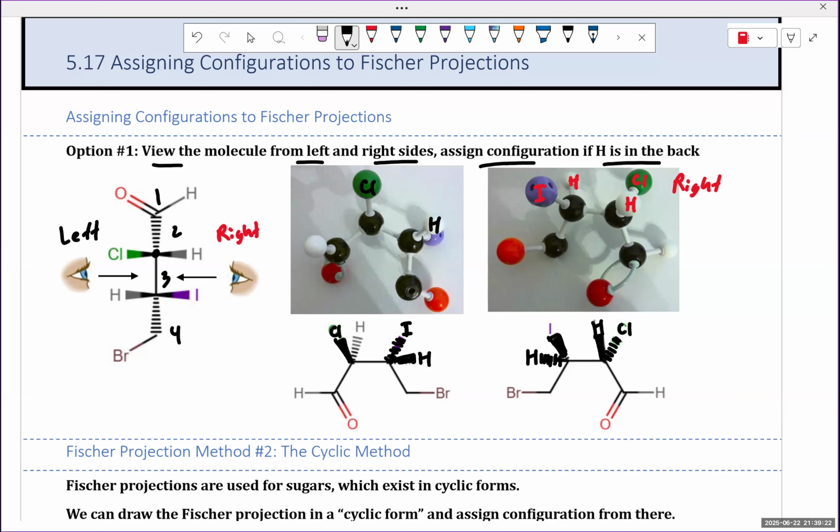So, what can we do with this information? We now have two views of the molecule that we can use to assign priority. So let's redraw our two views.